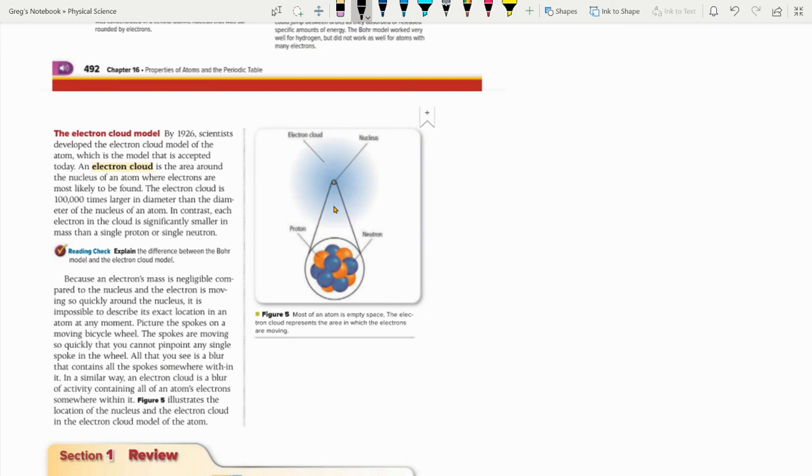They're hard to see. The darker blue, the more apt there is to be an electron there. In the electron cloud model, the one we use today, the electrons are going to be found in the darkest blue. They could be out here, but they move so fast. If they're way out there, they don't stay there very long.